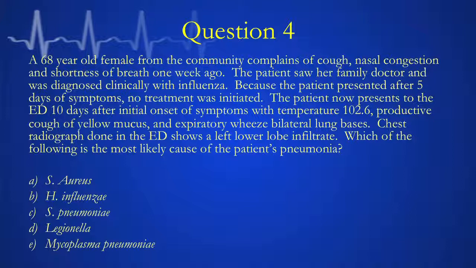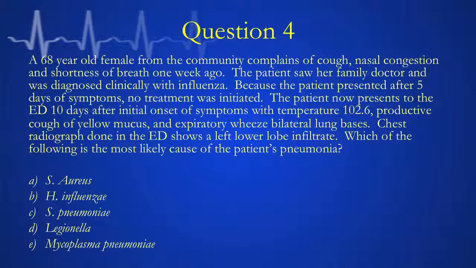So I have a new question for you guys. This is a lot of words. A 68-year-old female from the community complains of cough, nasal congestion, and shortness of breath 1 week ago. The patient saw her family doctor and was diagnosed clinically with influenza. Because the patient presented after 5 days of symptoms, no treatment was initiated.